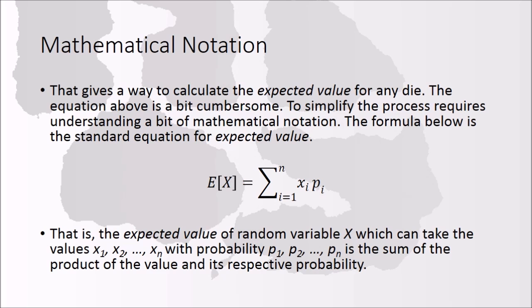The normal equation from probability for the expected value, if we say we're summing a series of die rolls, is that the expected value of x is the summation from 1 to n of x sub i times p sub i, where x is the value and p is the probability.